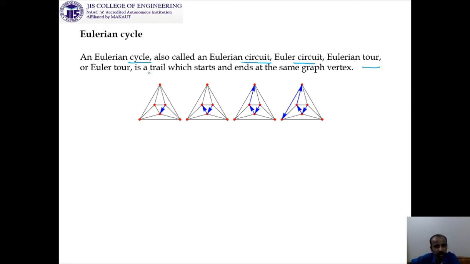But the important thing is that it is a trail which starts and ends at the same vertex. That means if you are starting from a particular vertex in a graph and you are drawing a trail, if it is possible for you to come back to that particular vertex, then it is called an Eulerian cycle.